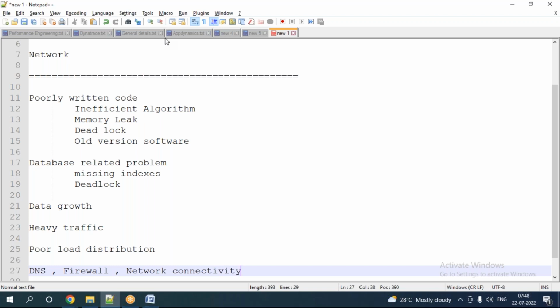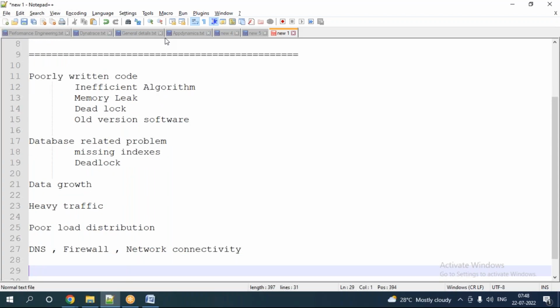So there are times what will happen, third party system will have certain problem. The service that they are providing is, say like some payment gateway or some third party services, whatever they are providing, right? That may be the issue also.